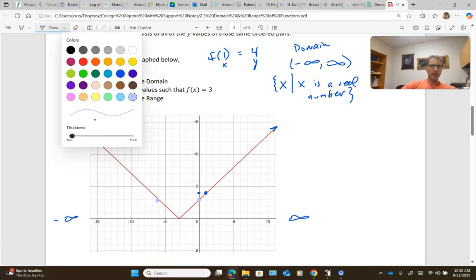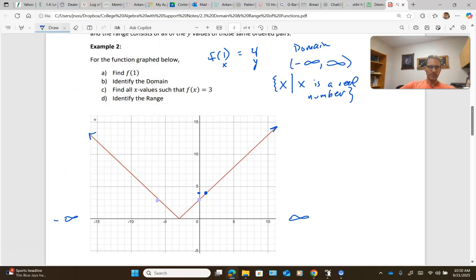Okay, so to answer my question, the x-coordinate that corresponds to both of these, this one corresponds to -6, and then this one has an x-coordinate of 0. Okay, so when f of x is 3, then x has to either be equal to -6 or 0.